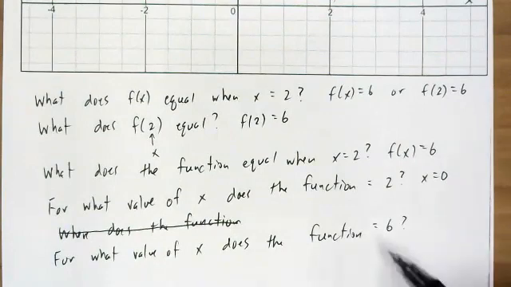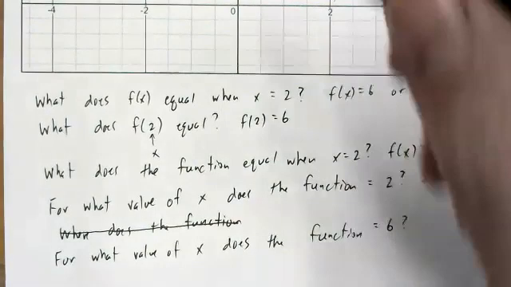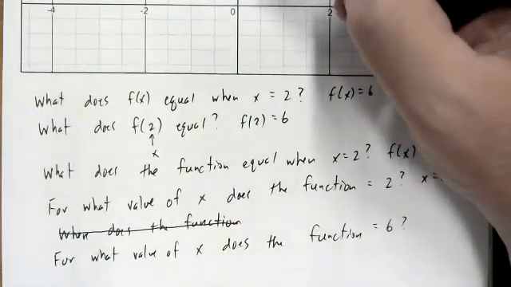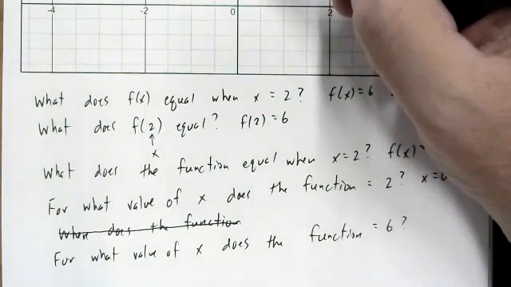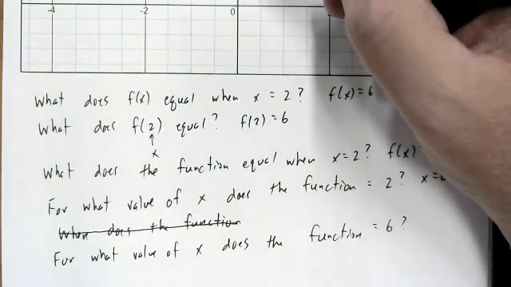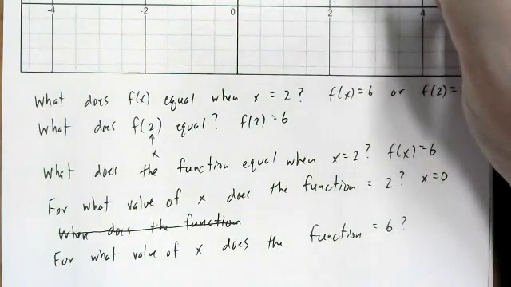So once again, on this question, they've given me the value of the function, and they want to know what the value of x is. So I go on my vertical axis to where the function is 6, which is right here, and then I move to find the point on the graph.